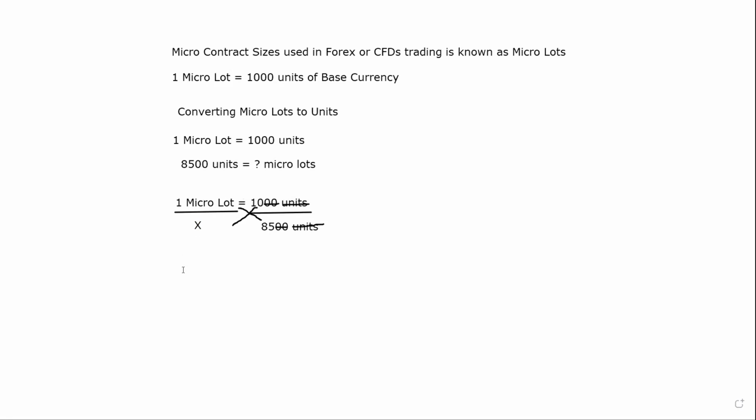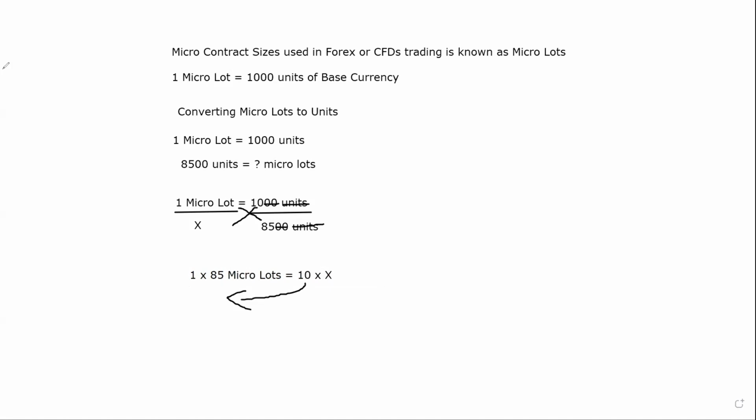Okay, and what answer do we get here? 1 into 85 micro lots is equivalent to 10 into x. Now here, the 10 is multiplying with x, so we will send 10 to the denominator.